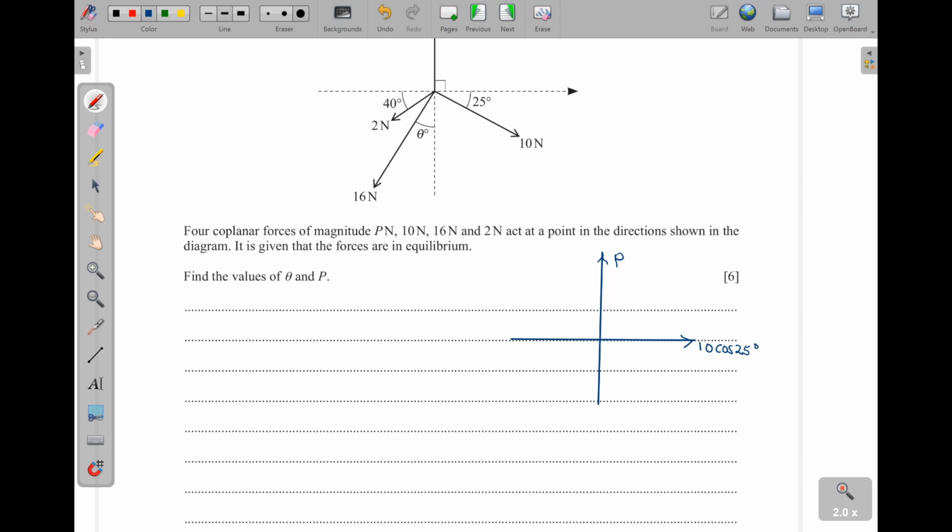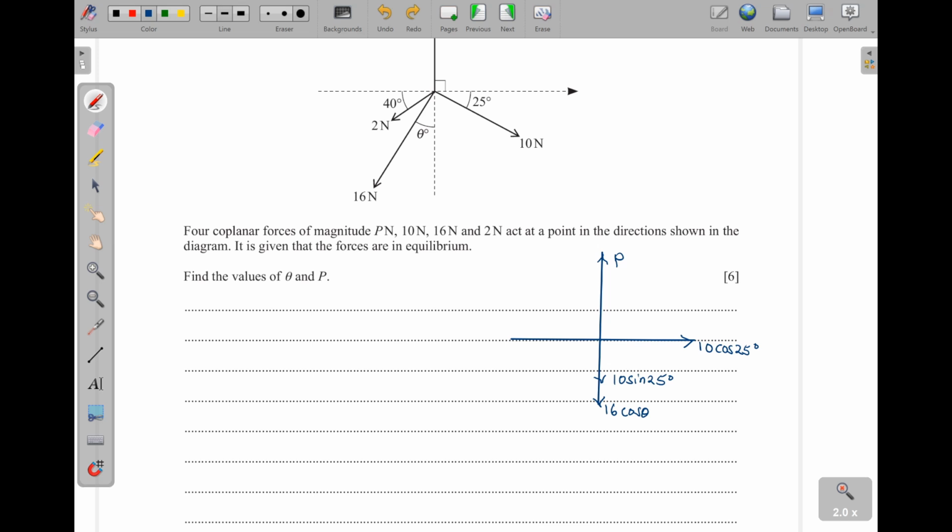Then we shall have here 10 sine of 25. Then I will go to this one here and close it. When I close it, it gives me 16 cos of theta. Then I will open it up. Opening is sine, closing is cos.